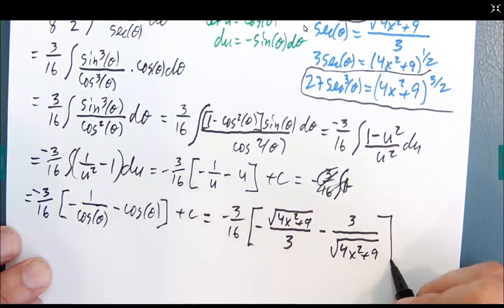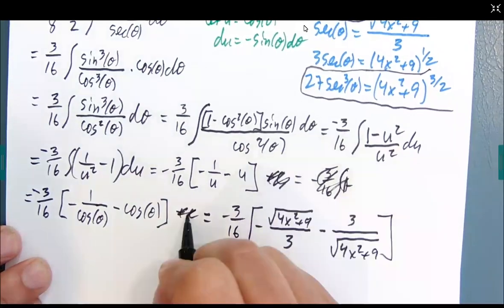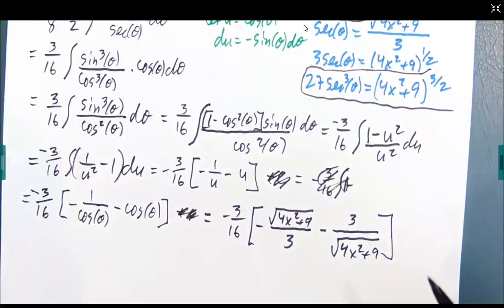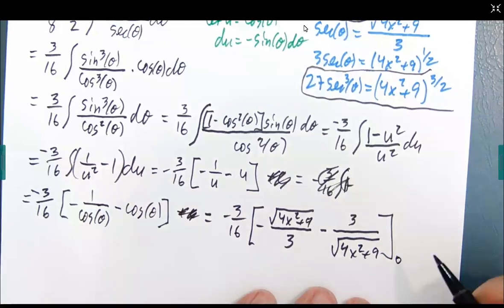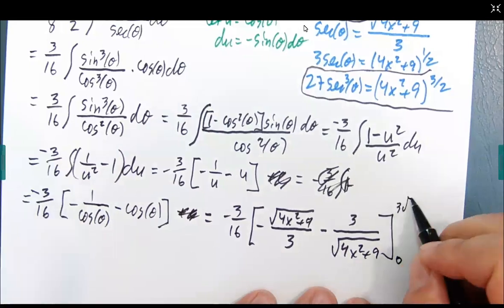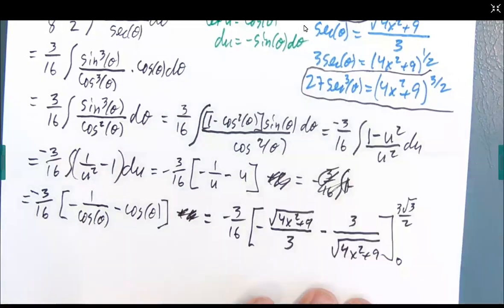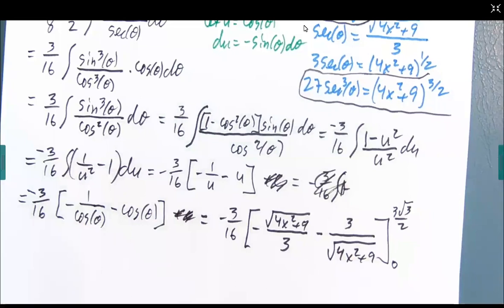Oh, and there's no plus c. I forgot this is a definite integral. We'll get to that. And this is going to be evaluated as x goes from 0 to 3 root 3 over 2. All right, so now we've got to do a little bit of arithmetic.